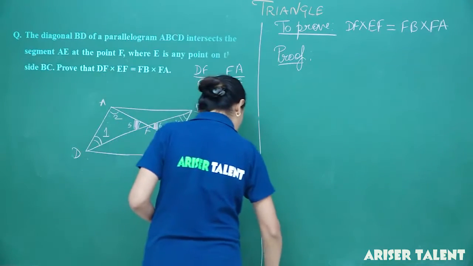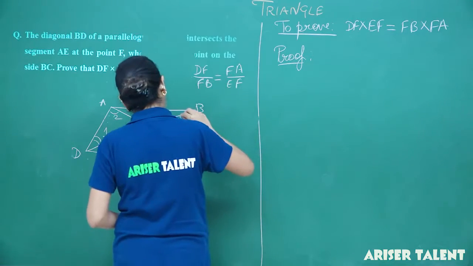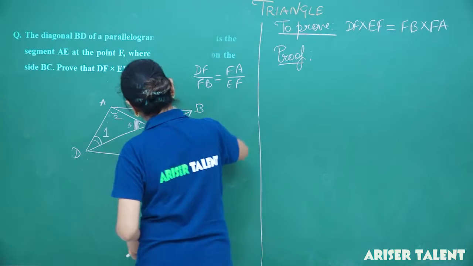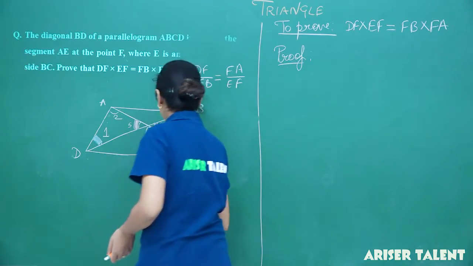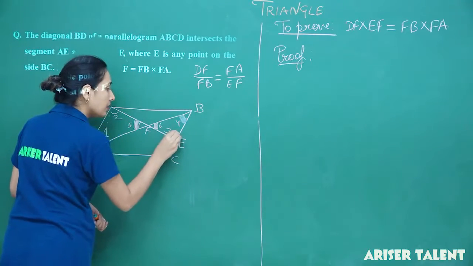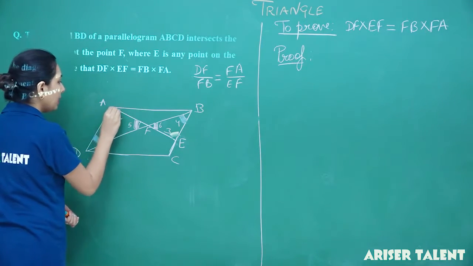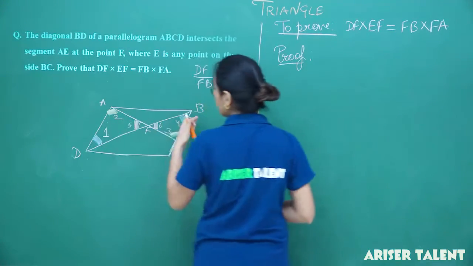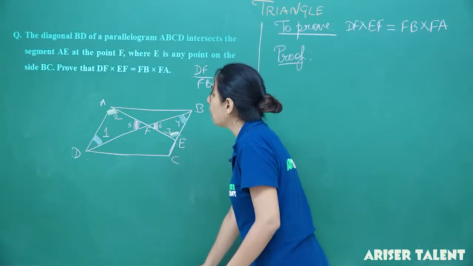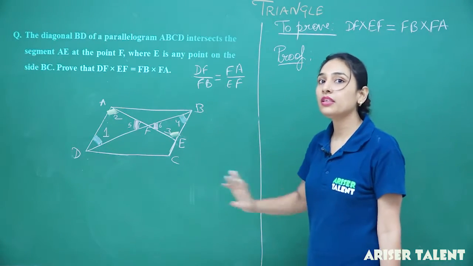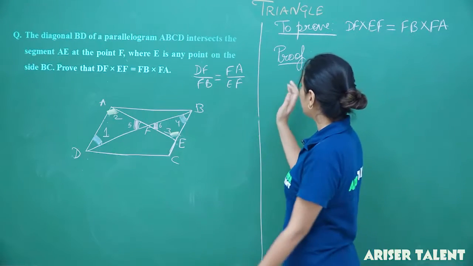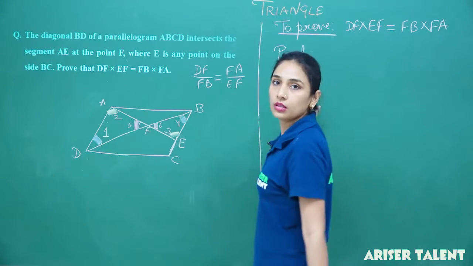These two angles are equal and these two angles are equal, and here these two angles are equal. If these three angles are similar to these three angles, so we can say this triangle is similar to this triangle. So we'll just note it down in words first.